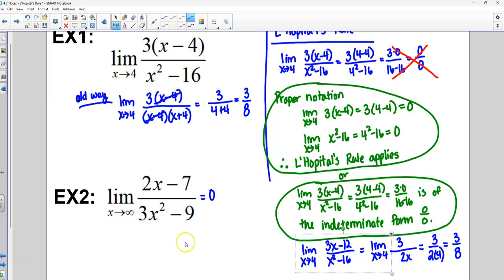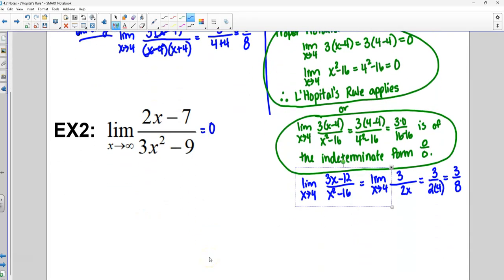If we do L'Hopital's rule, we're starting off with some where there are actually easier ways, before the ones where you have to do L'Hopital's rule. So I would say the limit as x approaches infinity of 2x minus 7. What's going to happen if I plug infinity in here? You're just going to get positive infinity, right? And the limit as x approaches infinity of 3x squared minus 9.